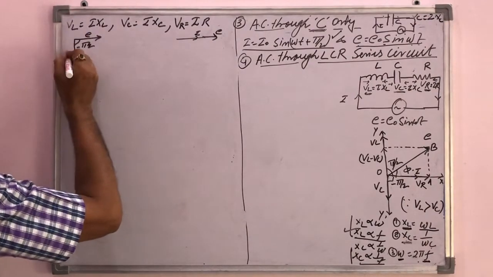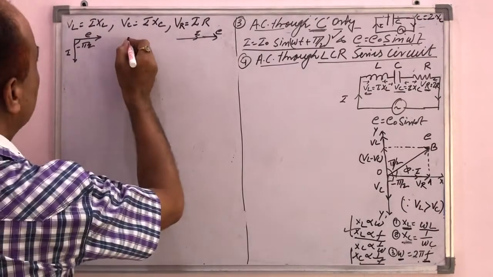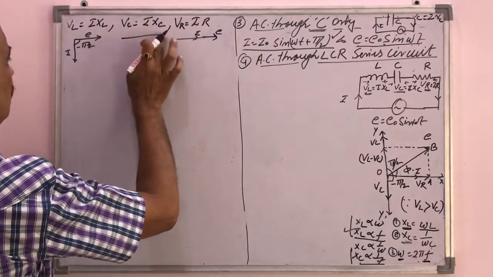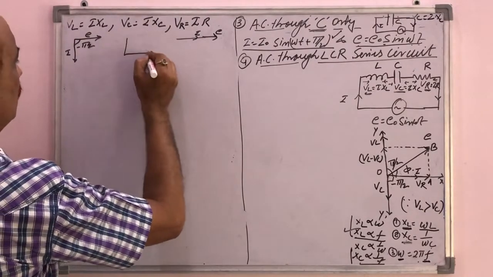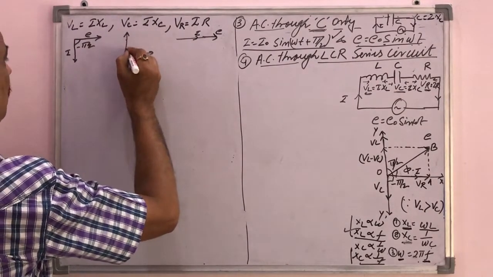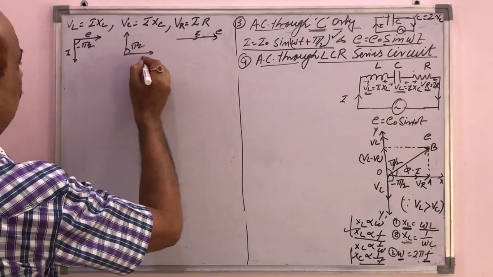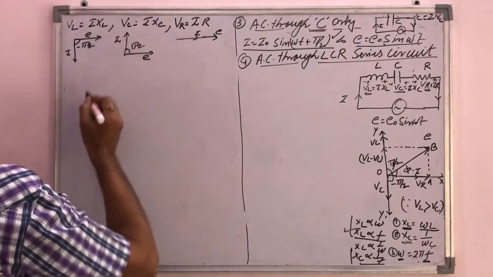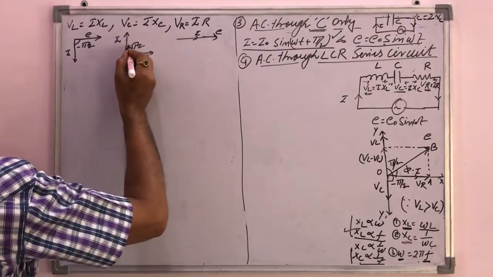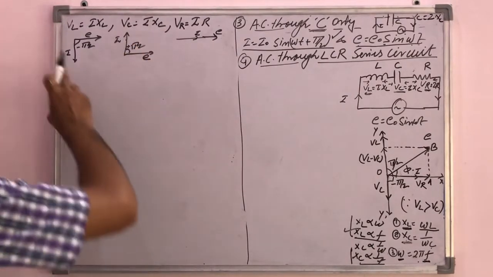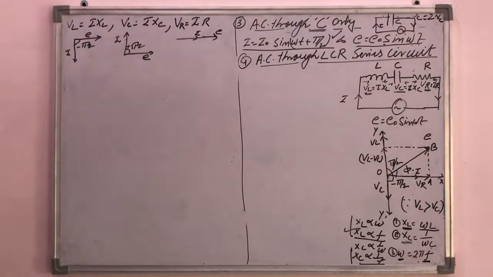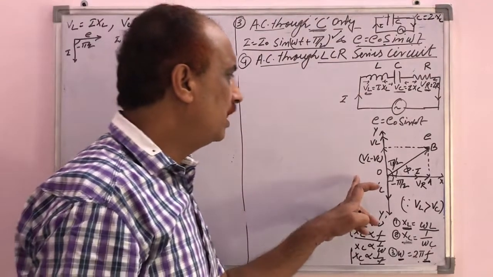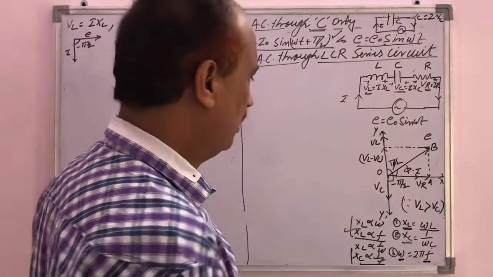And in case of VC, when we draw the phasor diagram, the angle between them is plus pi by 2, if E is represented along the x-axis and I along the y-axis. On the basis of these 3 phasor diagrams, we have to draw the combined phasor diagram for the LCR series circuit.